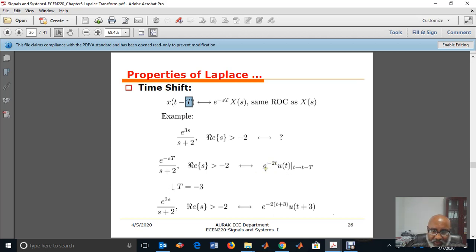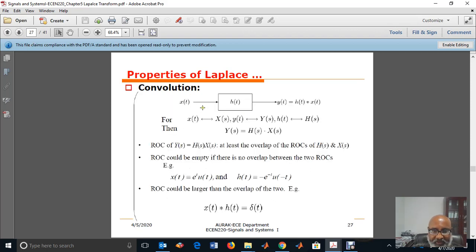So this one will become e to the power of minus 2(t plus 3) times u(t plus 3). So if we have such kind of problem, we just first find the inverse of the rational function. In this case, the rational function is 1 over s plus 2. And if there is an exponential function like this, we know that it is time delay.